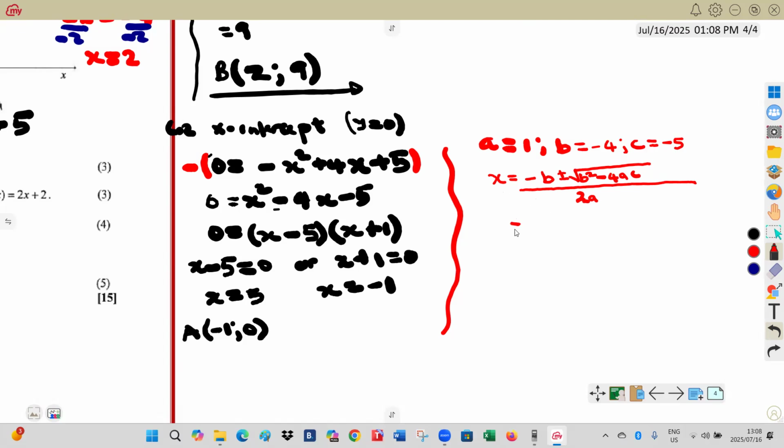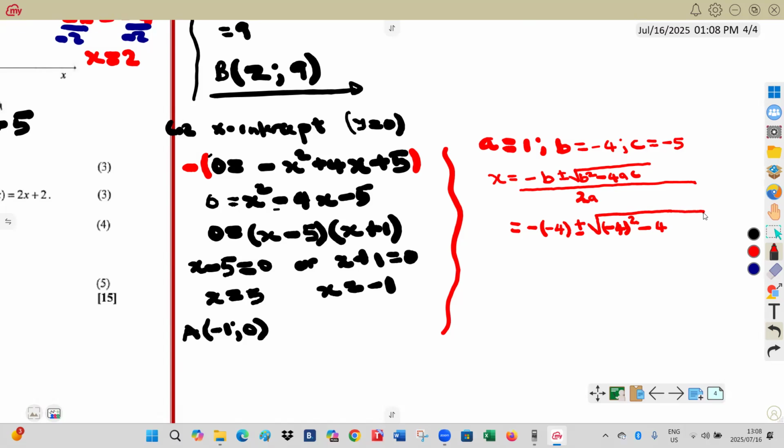Substituting, we are going to have minus b, it's minus (-4), plus or minus the square root of b squared, which is (-4) squared, minus 4.